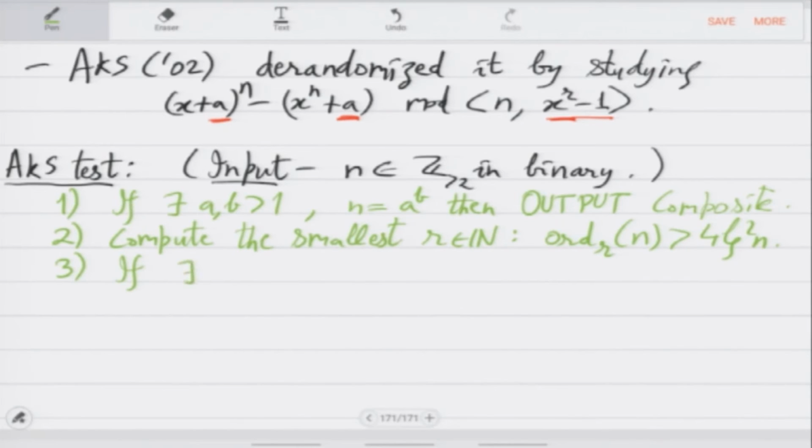And then check for numbers 1 to r whether they factor n, such that the GCD of a and n is nontrivial. If a factor is found, then obviously you are done.